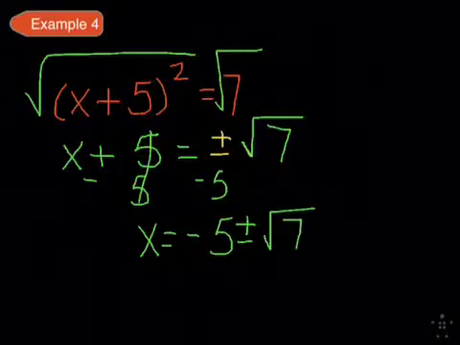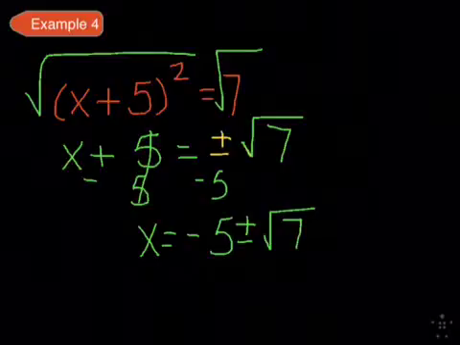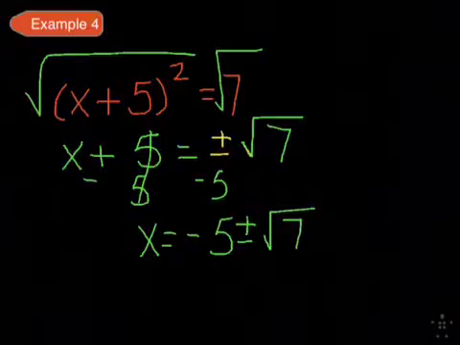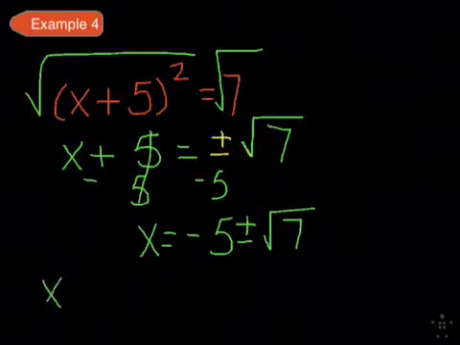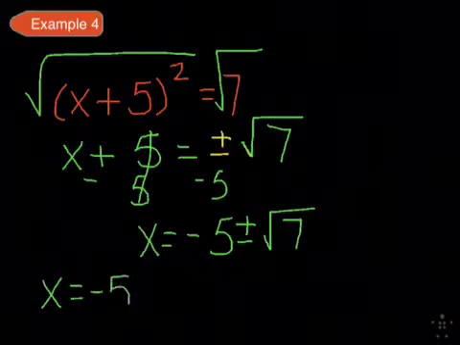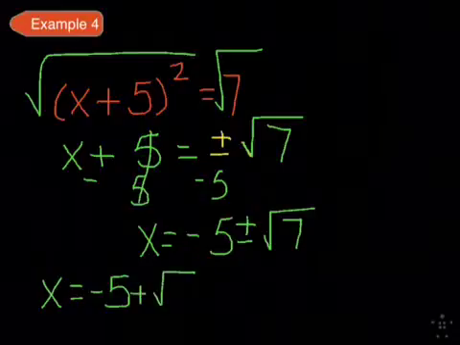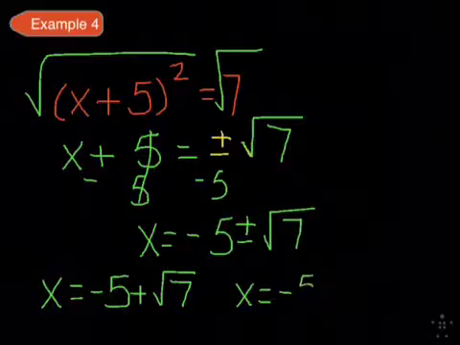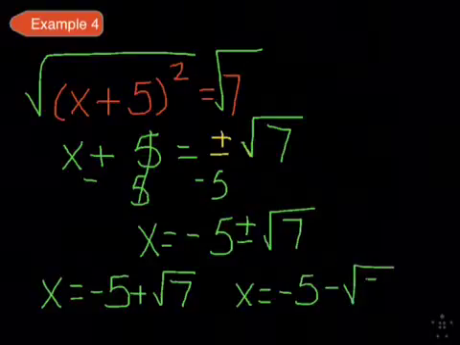This is generally the standard form that you would write this in. We use the radical, we put it in the back, and the number that is not a radical goes in the front. So always when you're writing these, make sure the radical's in the back with the plus or minus and the other numbers in the front. That's not a radical. So if we separate this out, our answer would be x equals negative 5 plus the square root of 7, and x equals negative 5 minus the square root of 7.